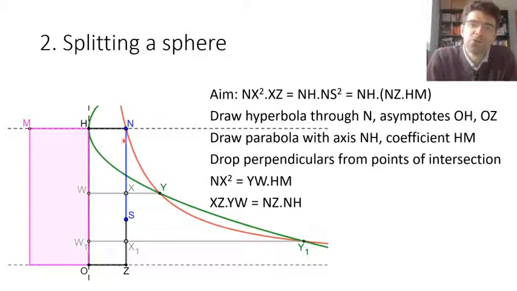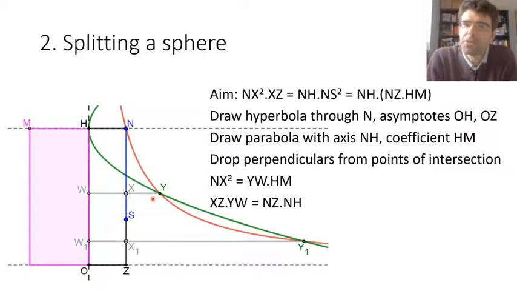So overall, we have that NX squared times ZX is equal to NH times NZ times HM, which is what we wanted. Remember that we can set HM to any particular value that we want, in our case to make NZ times HM equal to NS squared. And that stuff that we did about Y there, we weren't fussy about where the conics meet.